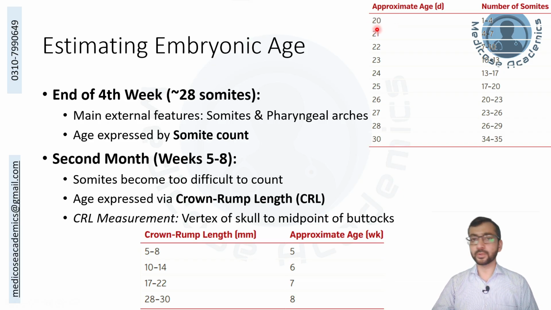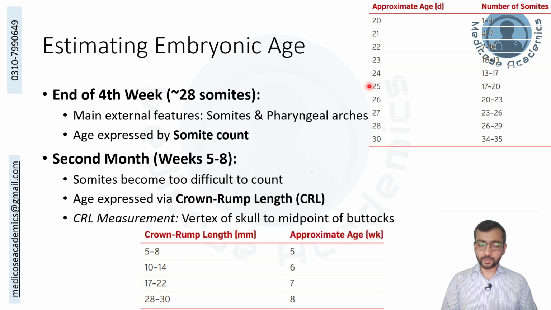You start getting somites from day 20 onwards, and you get three added each day until you get to 42 to 44 somites ultimately. So if you do an ultrasound and count 20 somites, you are roughly at 25 days of growth. So somite count is a very reliable measure, especially in the early periods until the end of week 4.